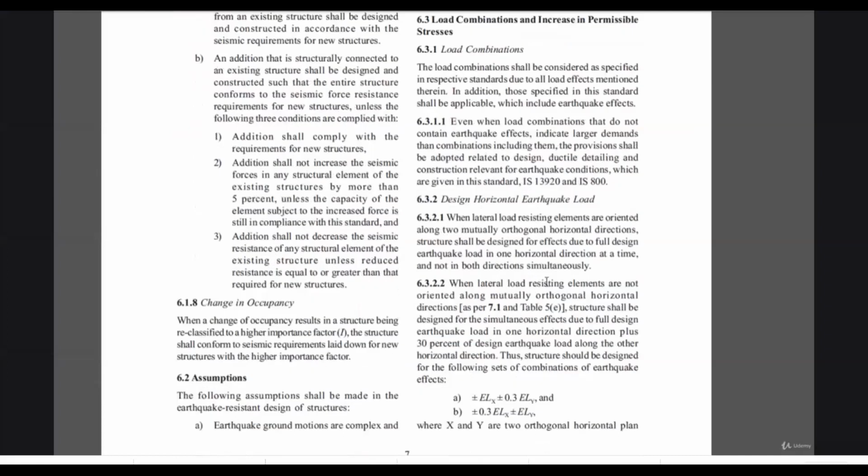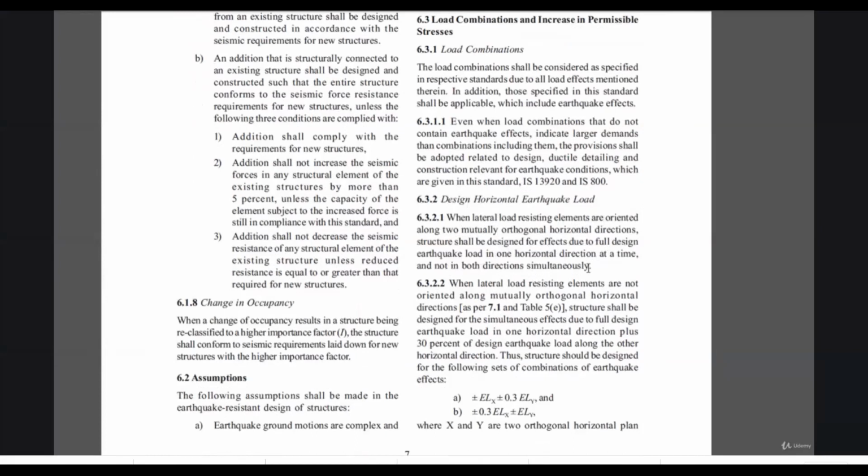Now this is a very important part, clause 6.3.2, design horizontal earthquake load. When the lateral load resisting elements are oriented along two mutually orthogonal horizontal directions, the structure shall be designed for the effects due to full design earthquake load in one horizontal direction at a time and not in both directions simultaneously.